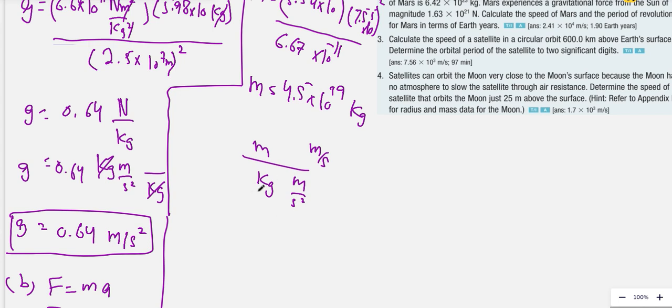Newton is equal to kilogram meter per second square, and then meter square by kilogram square.